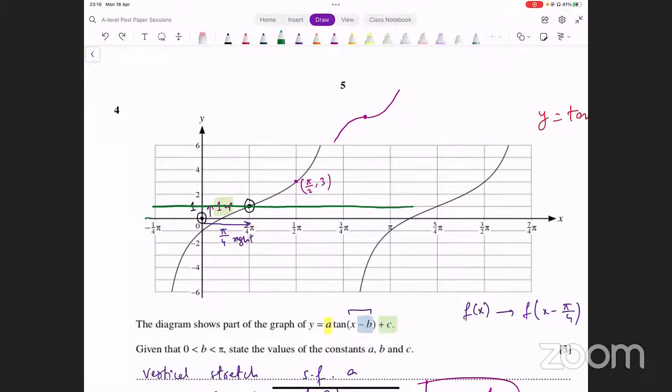अब आप देख सकते हैं ओरिजिन से स्टार्ट होकर pi/4 के इंटरवल में आपका ग्राफ कितनी यूनिट्स ऊपर जा रहा है?